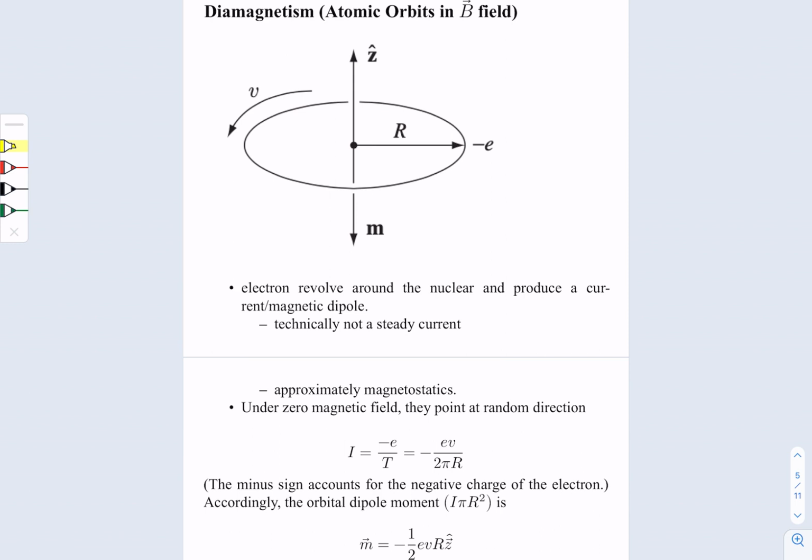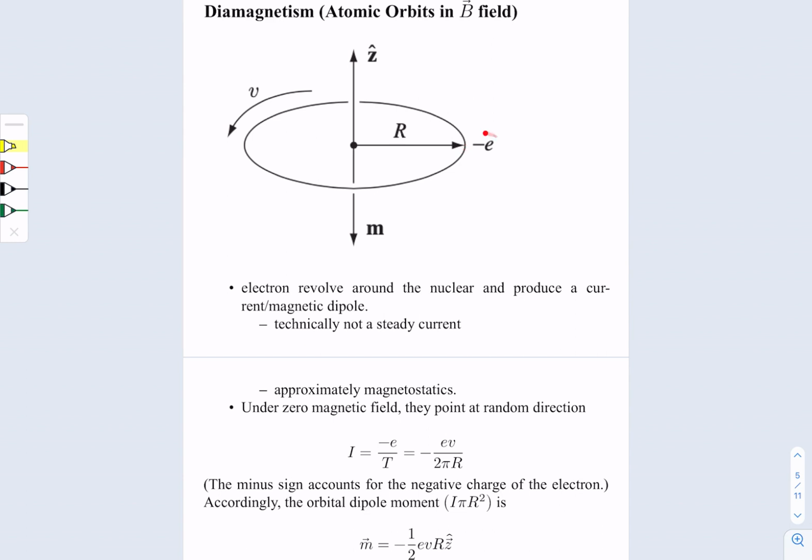In the case of zero magnetic field, we can calculate the current. Just like I mentioned earlier, you can calculate the current by counting the total charge passing a point over here per unit time.